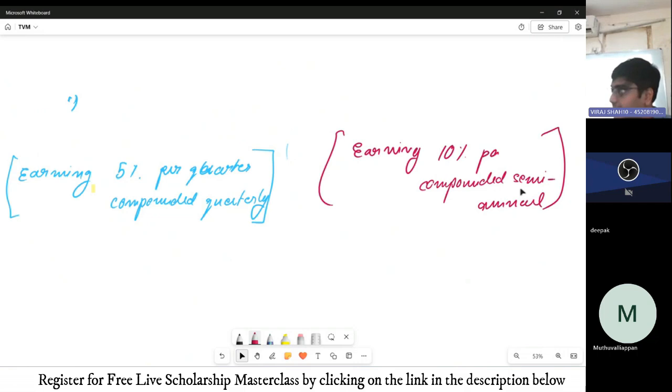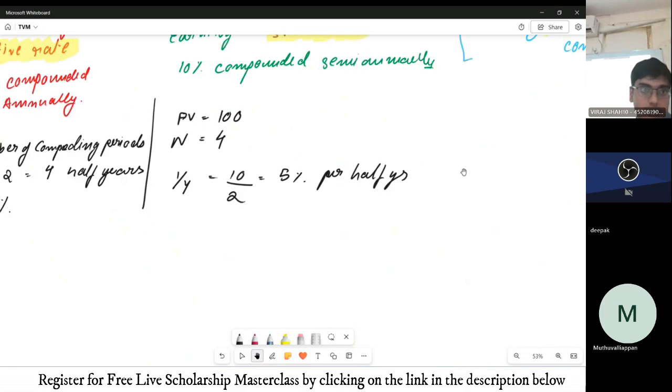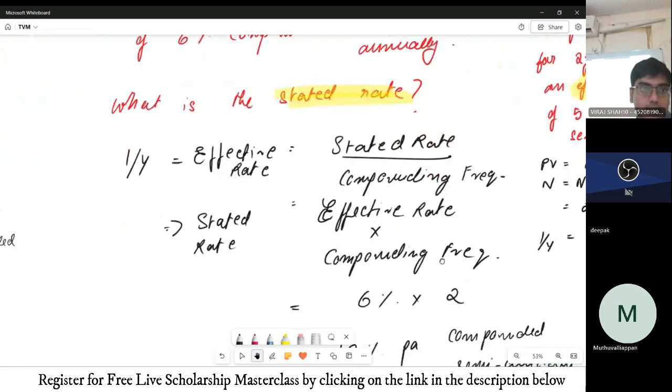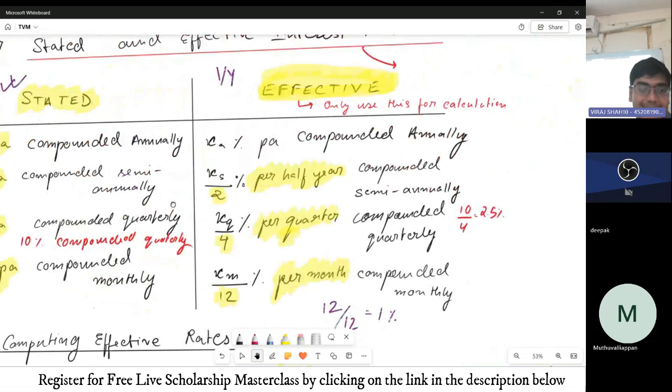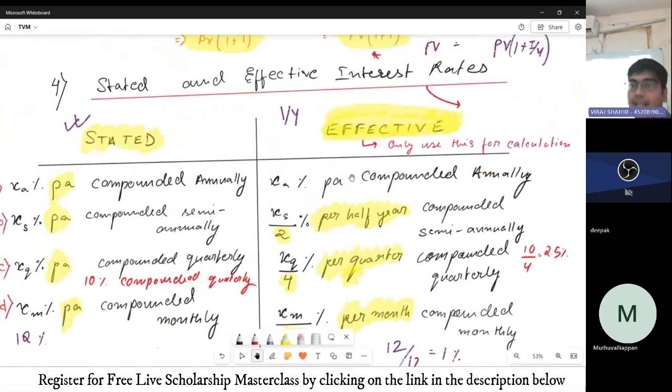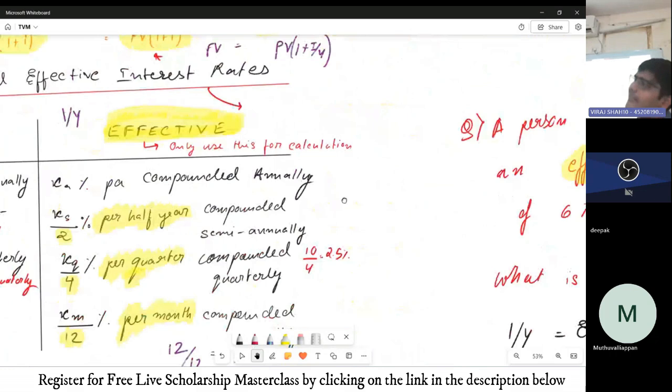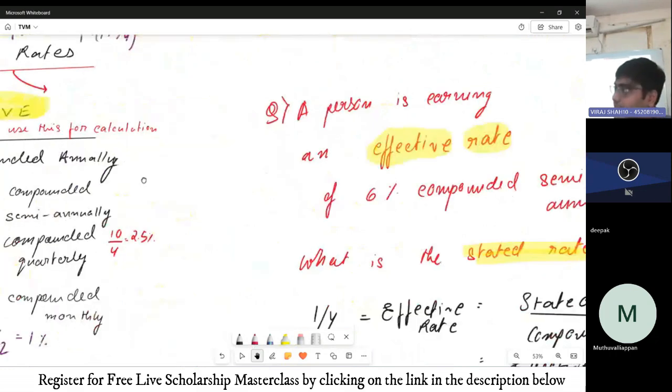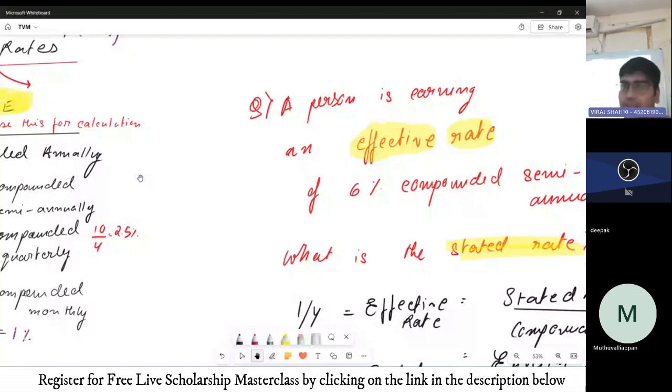If I wrote per annum compounded annually, effective and stated would be the same. Either way, it remains the same thing; you divide by 1 and the same comes. If I tell you 10% compounded annually, what is your effective? I by Y is 10 by 1, which is 10 only.